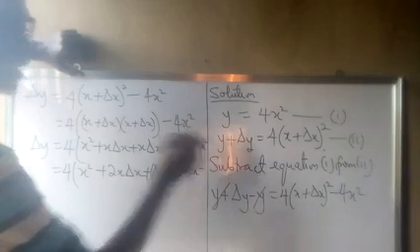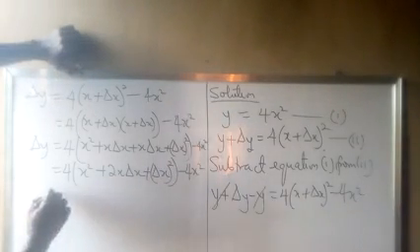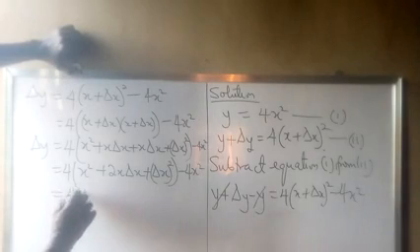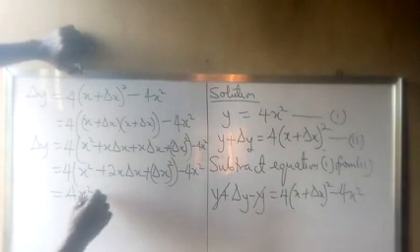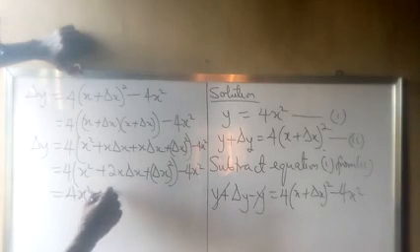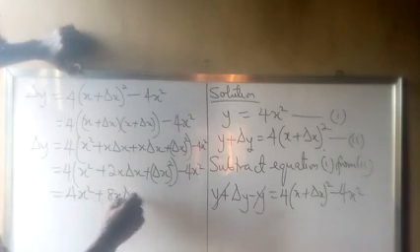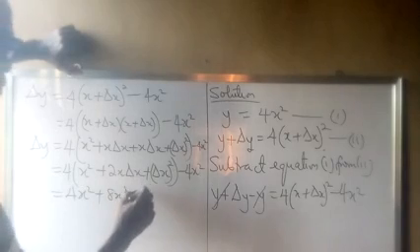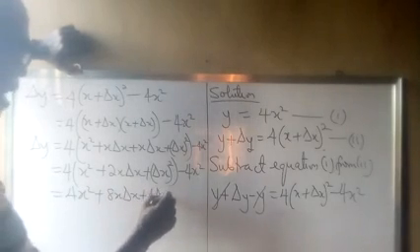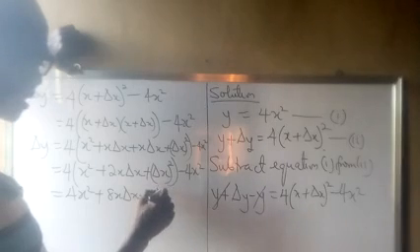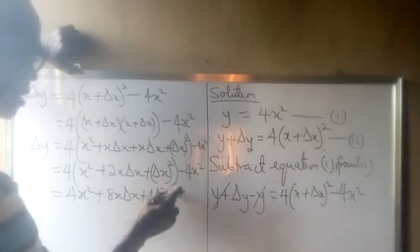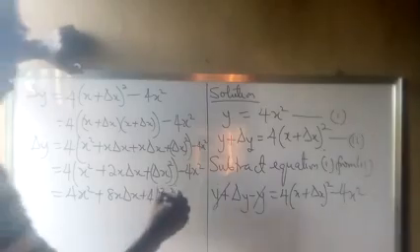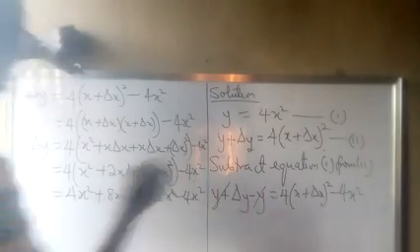minus 4x squared. So opening up the bracket, you have 4 times x squared, that is 4x squared, plus 4 times 2x delta x, 8x delta x, then plus 4 times delta x squared, then minus 4x squared.